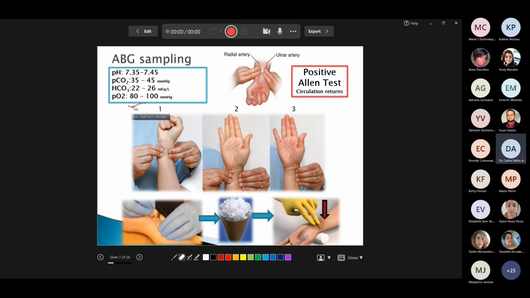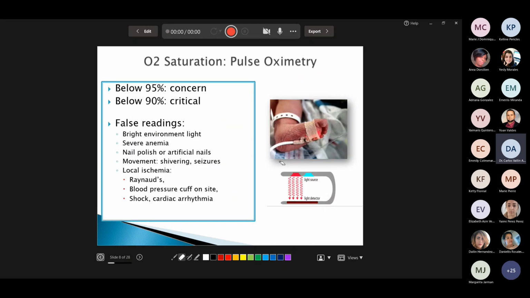I assume that there is no problem there because I don't hear any question. Okay, talking about oxygen saturation, the values are different. In pulse oximetry, anything below 90% is critical. Okay, it is critical. A frequent NCLEX question about pulse oximetry: what can give you a false saturation reading?